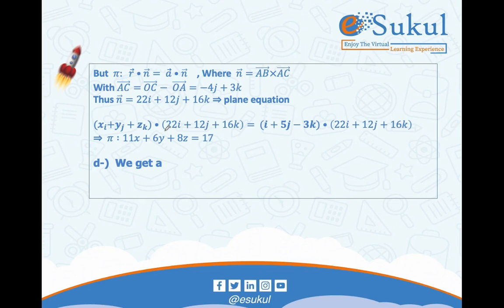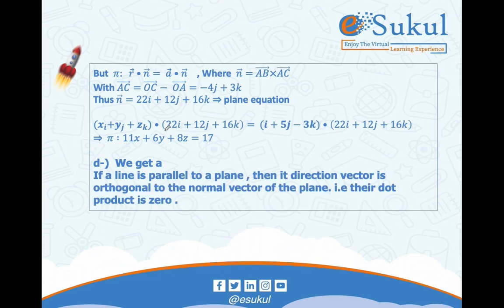We remind ourselves that here the line is parallel to the plane ABC. If the line is parallel to the plane ABC, then the direction vector of the line is perpendicular to the normal vector to the plane. As they are perpendicular, the dot product should be 0.